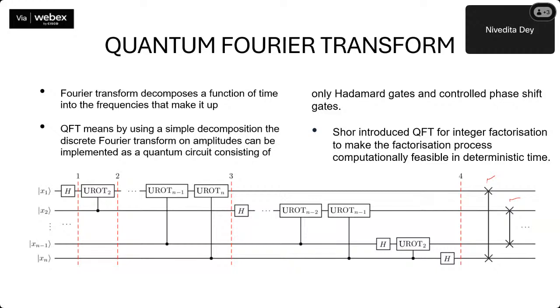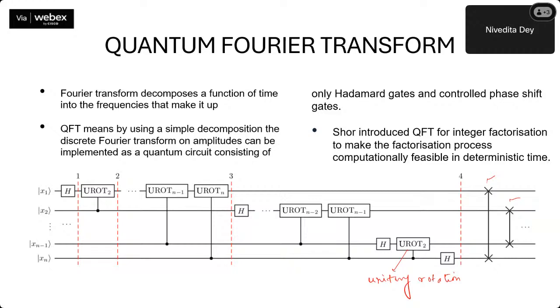And this U rot is a unitary rotation gate, which is nothing but the controlled phase. It can be multi-controlled or single controlled, depending on your individual implementation.